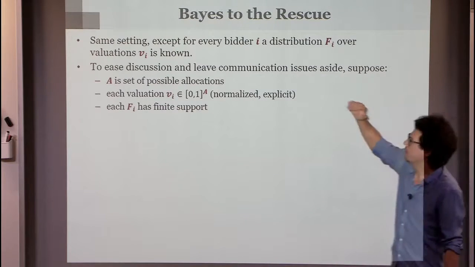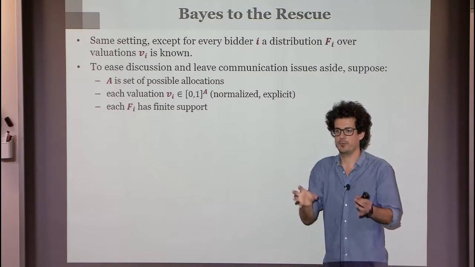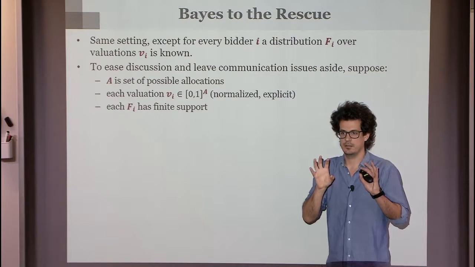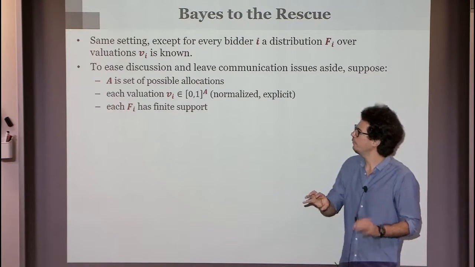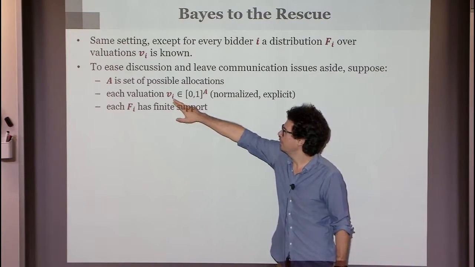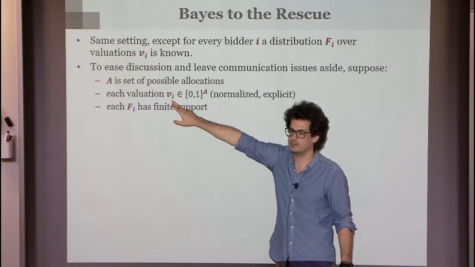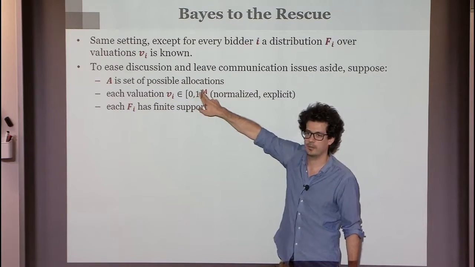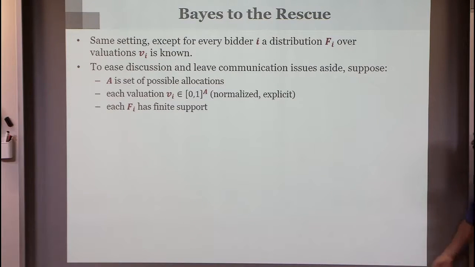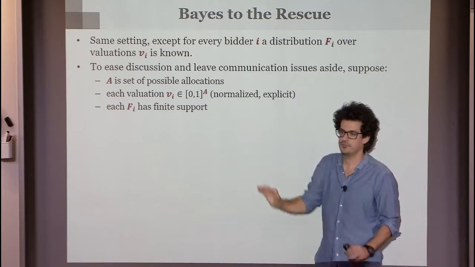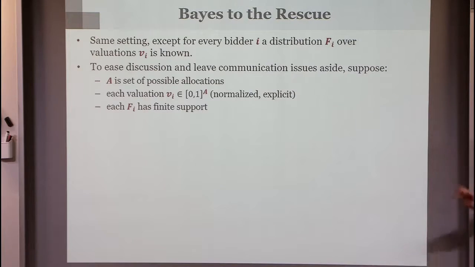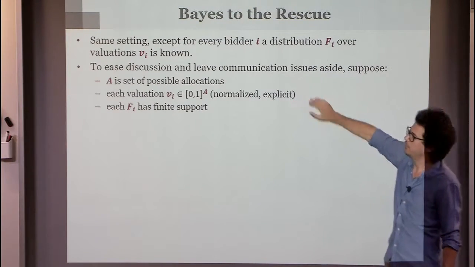Namely, I'm going to assume that A is the set of all possible allocations that the designer can choose from. And I'm going to represent every valuation function explicitly, the value for each possible allocation. And I'm also going to assume that each Fi has finite support and see how far I can go with an explicit representation of valuations like this one.